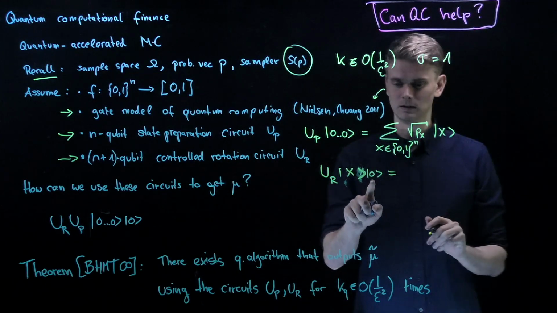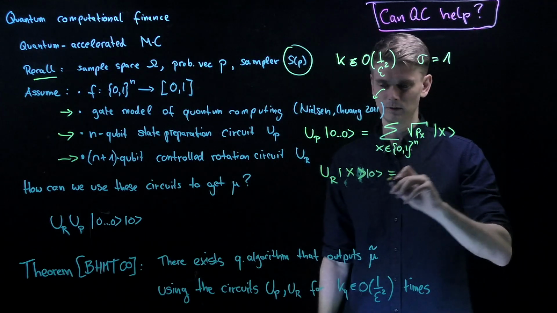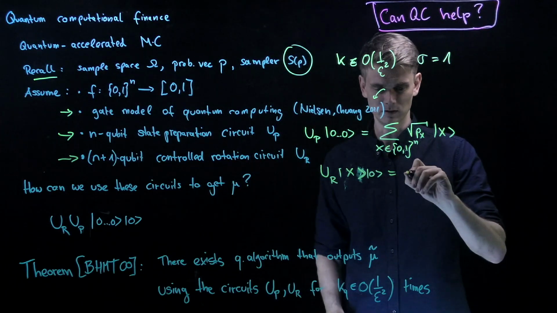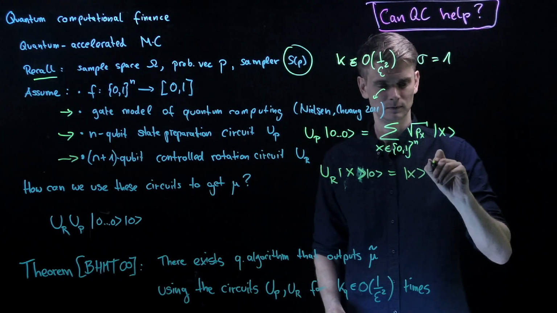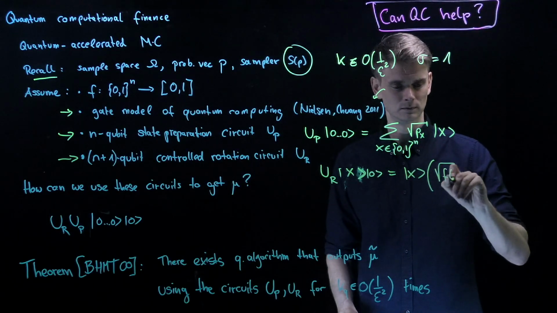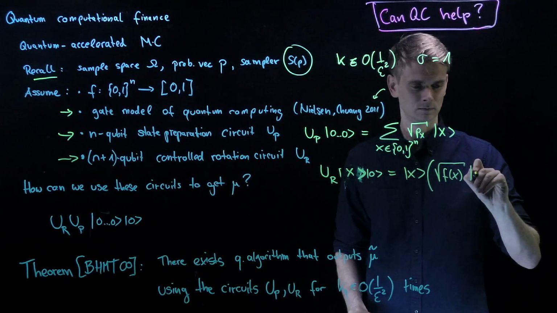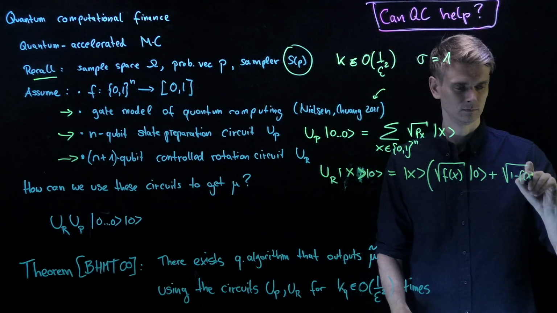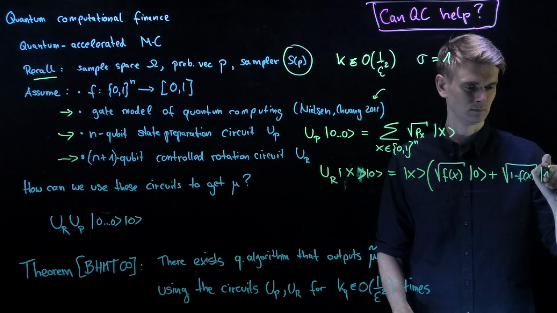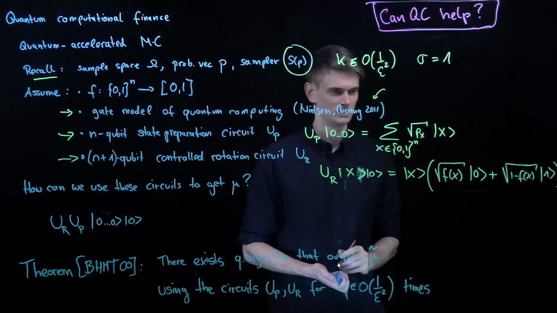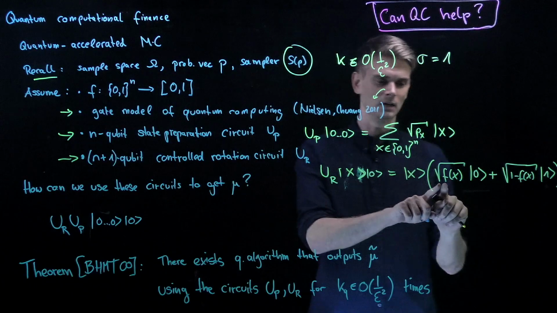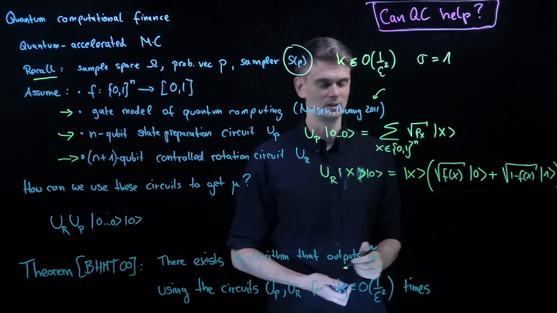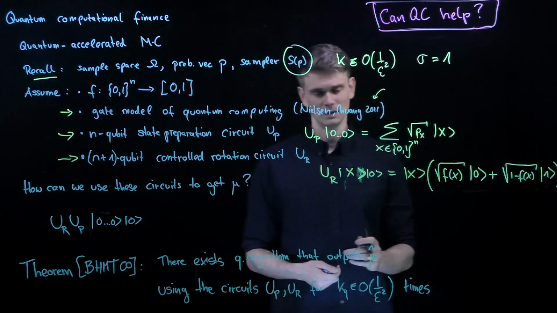Then we rotate the ancilla qubit by an amount that's proportional to f of x as follows. So the ancilla is put in a superposition state with an amplitude square root of 1 minus f of x for the 0 state and the corresponding amplitude square root of f of x for the 1 state.